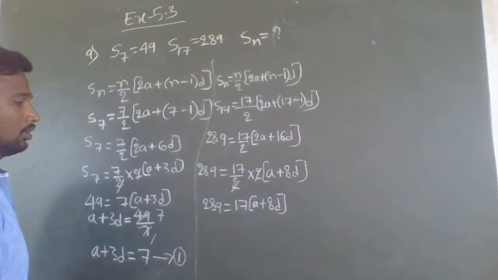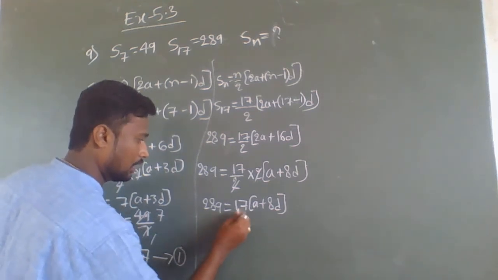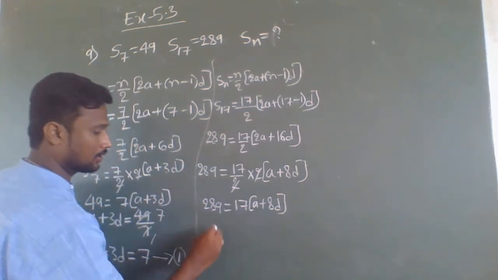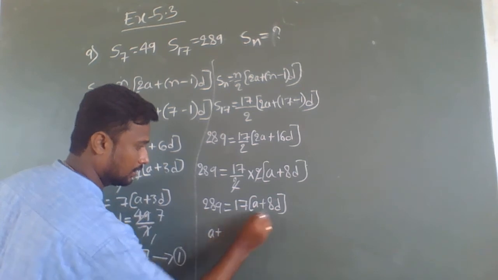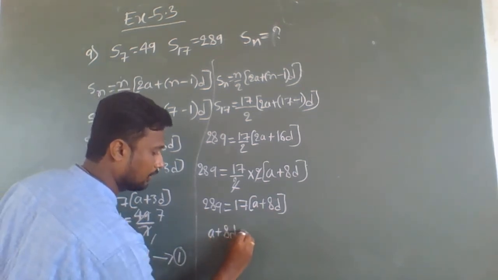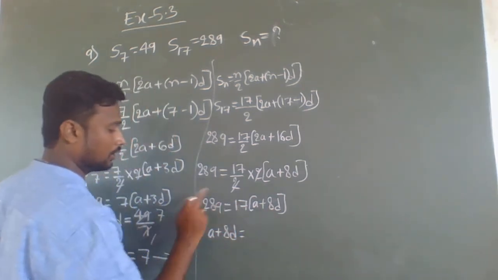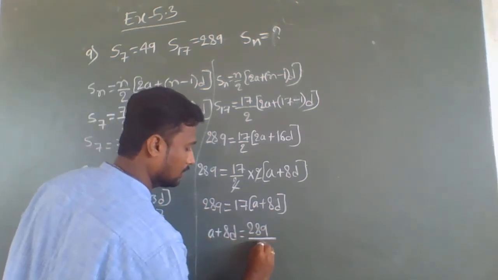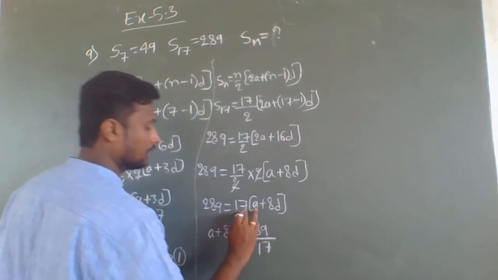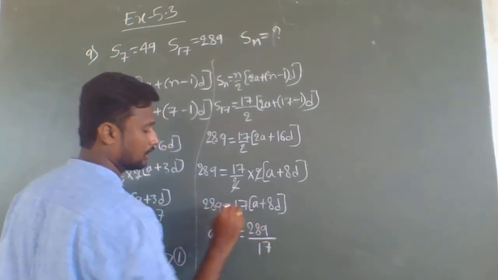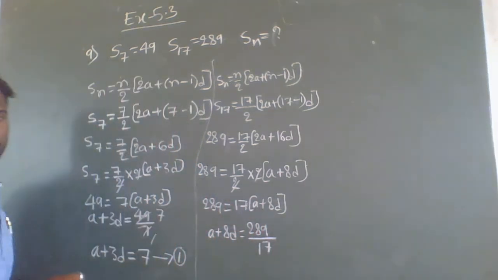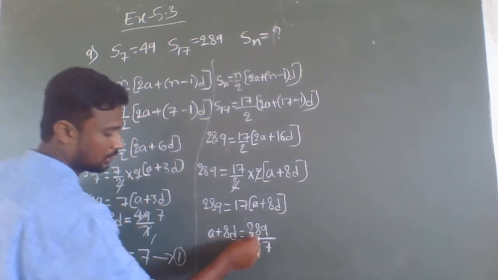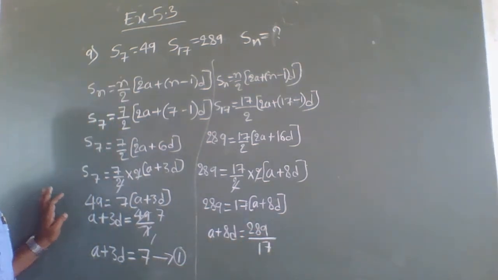So now to get the equation, I will move this 17 to the other side. So a plus 8d I will write as it is, and I will move this 17 to the other side, so it becomes 289 divided by 17. Here 17 is multiplication, and when it comes to the other side, it becomes division. So 289 divided by 17 means what will you get?